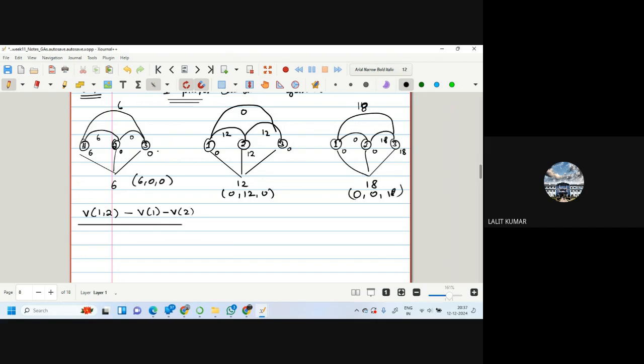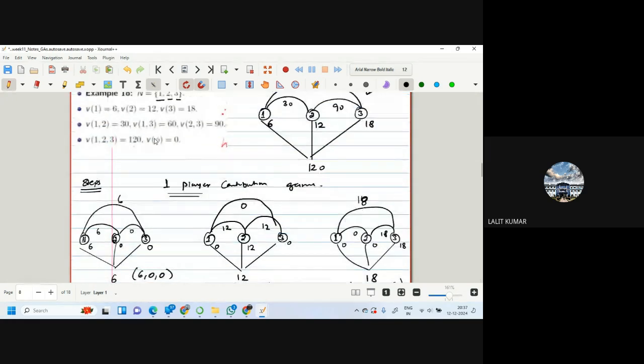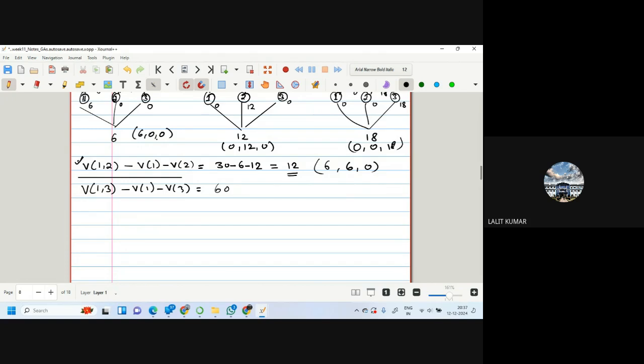Now I come to the two-player games. V12 minus V1 minus V2: V12 was 30, minus 6 minus 12, this becomes 12. I divide this between 1 and 2 as 6 and 6, 0. Now V13 minus V1 minus V3: V13 was 60, minus 6 minus 18, this becomes 36.